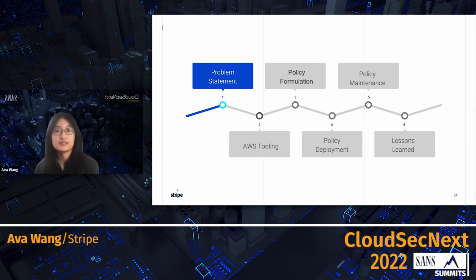We'll be discussing the available AWS tooling for addressing this problem, and how we formulated allowlist policies of approved services and regions that dramatically reduced the attack surface we had to secure. Also, how we deployed these policies safely, how we maintain these policies over time, and our lessons learned in the process.